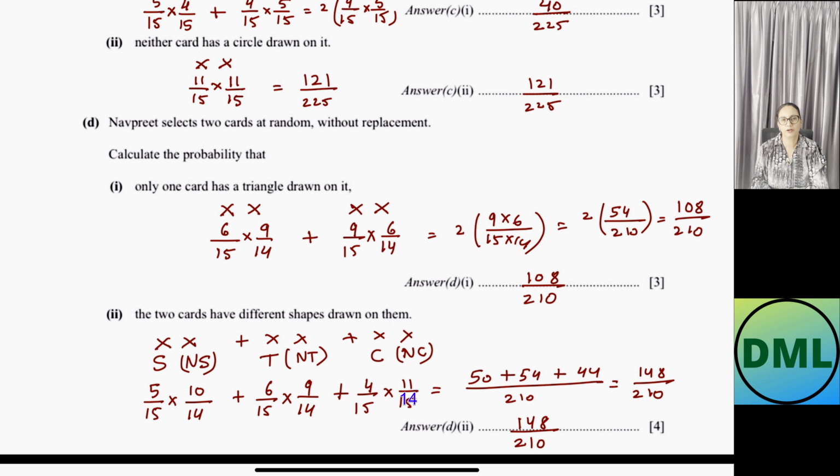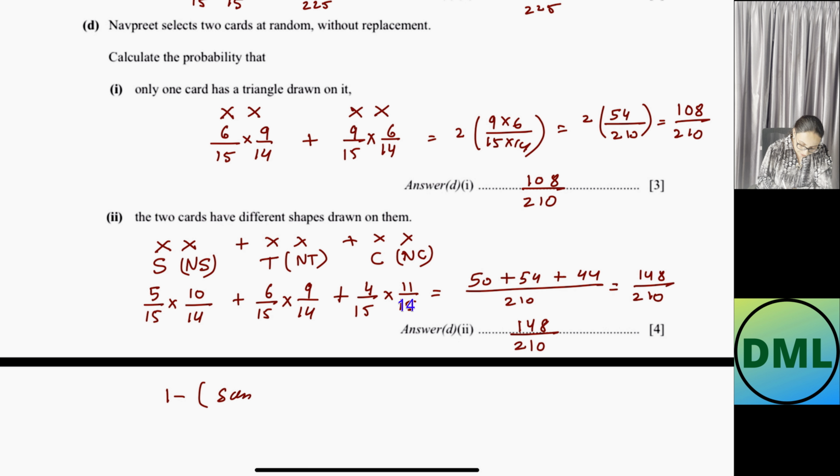The second method is, as they say that the two cards have different shapes on them, I will find the probability of selecting two cards of the same shape and subtract it from 1. Let's do this with this part also. 1 minus same shape means you are picking square, square, plus triangle, triangle, plus circle, circle.